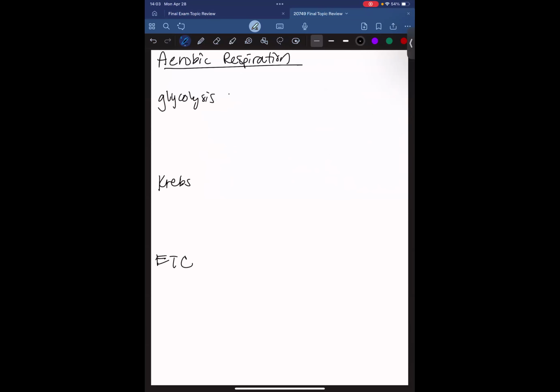In glycolysis, the whole point of glycolysis is to take a 6-carbon glucose and turn it into 2 3-carbon pyruvates. In the process, we'll make 2 net ATP. We'll also make some NADH, but we will have no CO2 made.